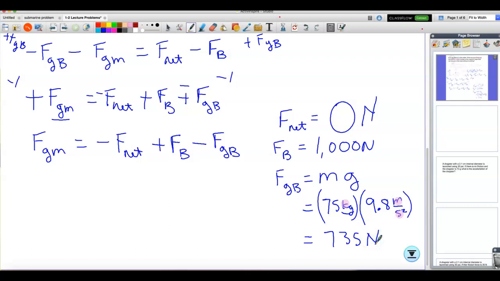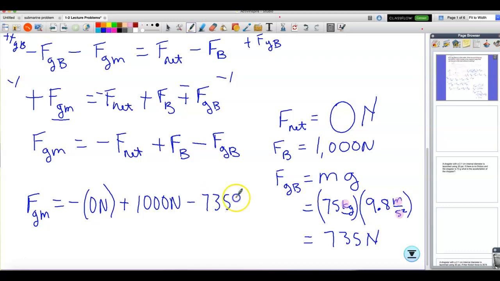Now we've got all our values: our net force, our buoyant force, and our gravitational force, so we can put them in our equation over here, our sum of the forces. The gravitational force of the mass, or the weight, is, we got that negative, but the net force is 0 newtons, so that's not going to make a difference, plus the buoyant force, 1,000 newtons, minus our gravitational force of the boat, which is 735 newtons.